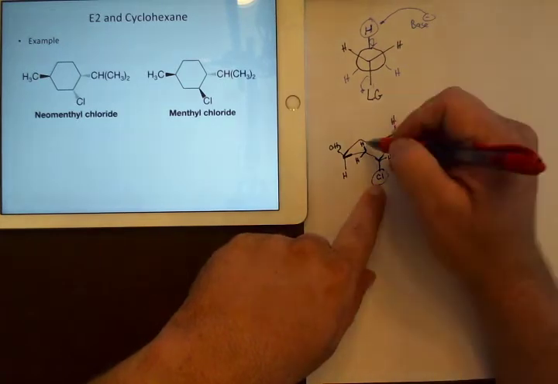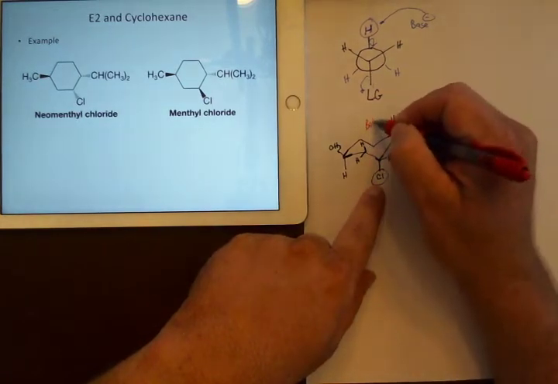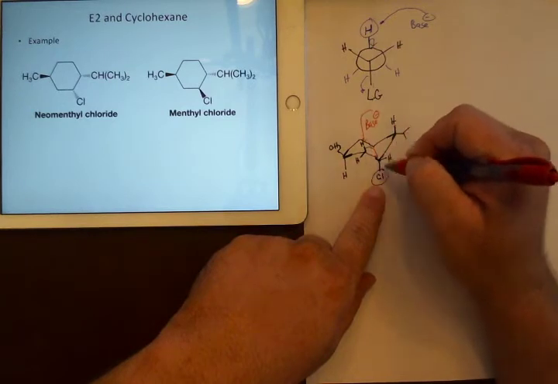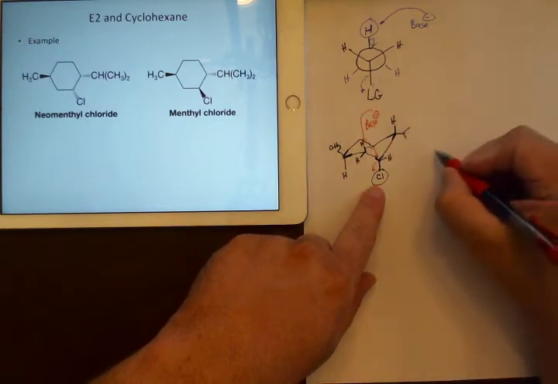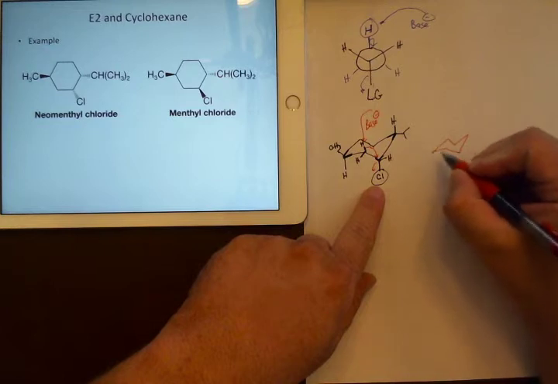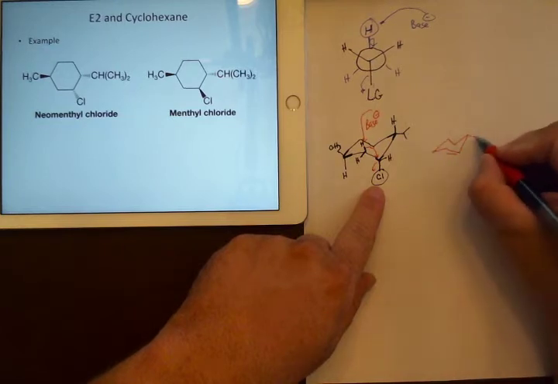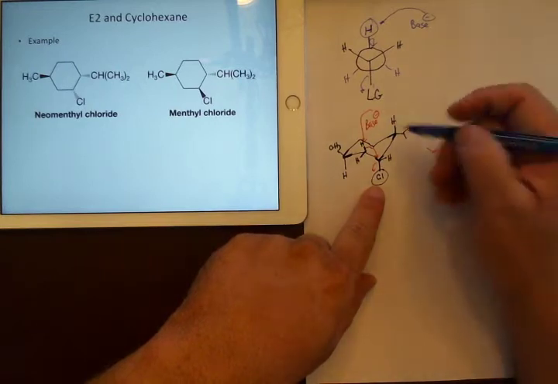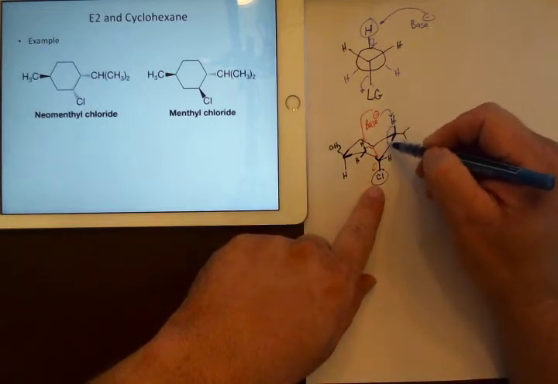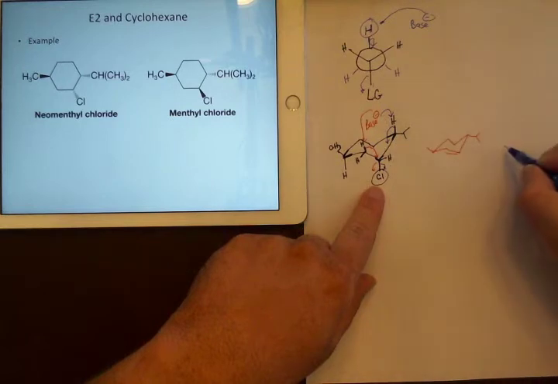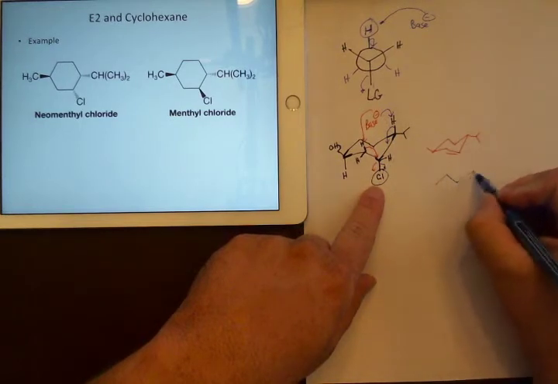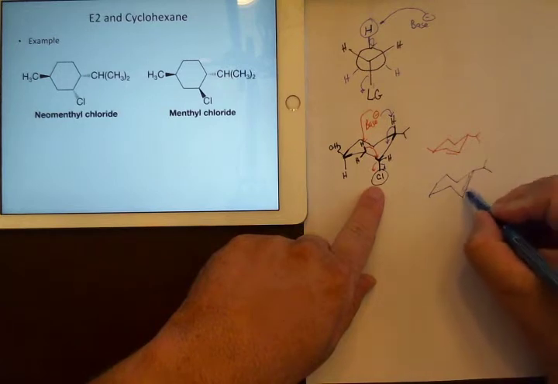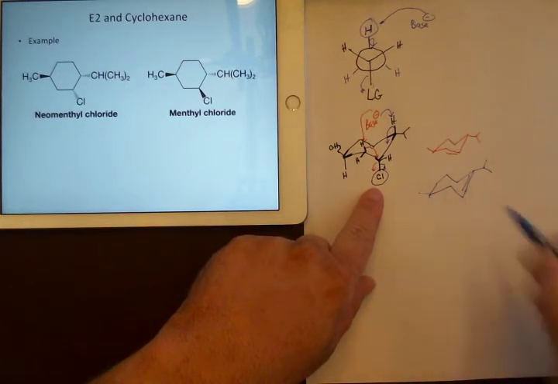So the group has to be axial. A base can react here because this is axial, kick away, and you would make this product here. If you reacted on this side, you could collapse down and kick away this way, and so you would make this product right there.